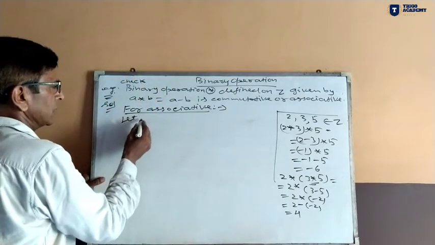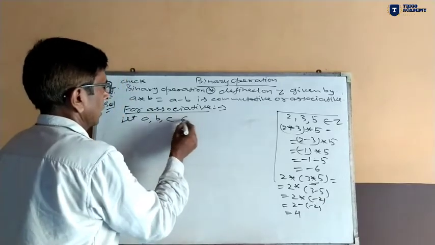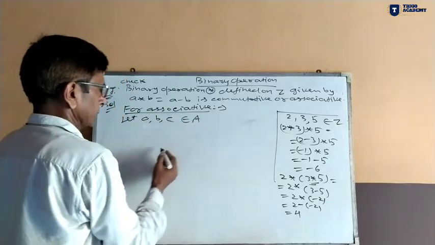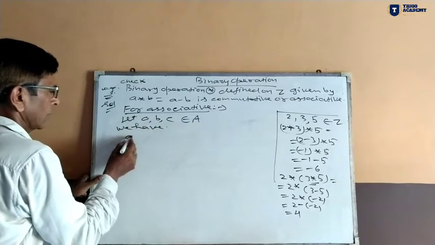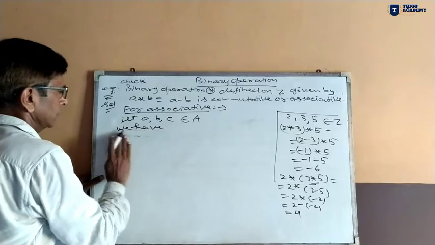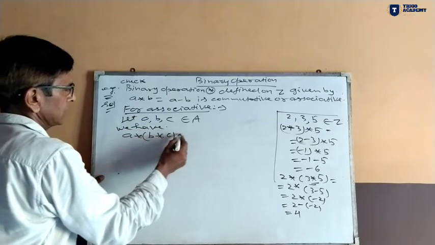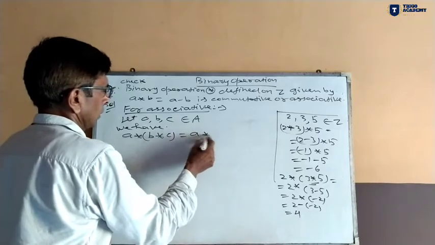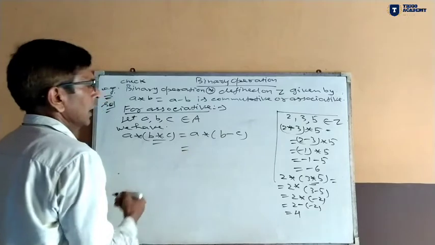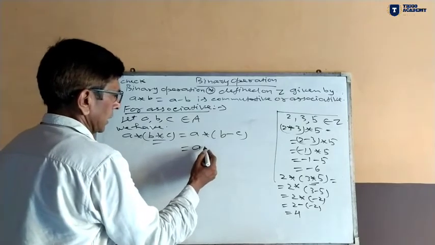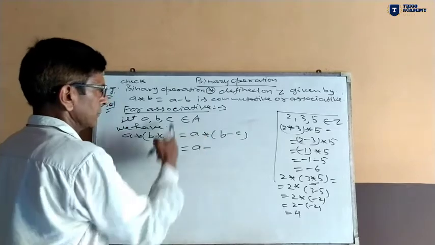Here we consider 3 elements, let A, B, C in the general case belong to A, and we have A star (B star C) equals, first we simplify this, B minus C. After that, again we apply the definition of this star.